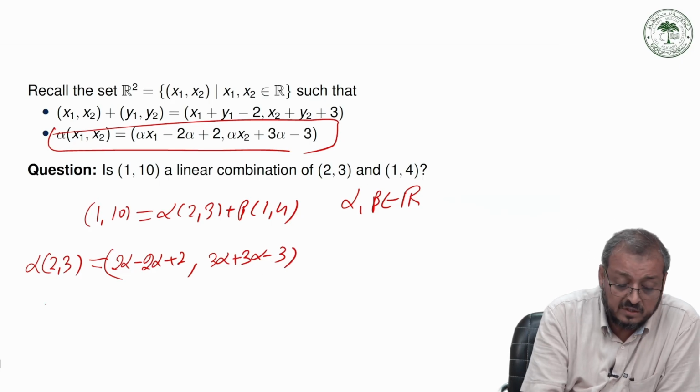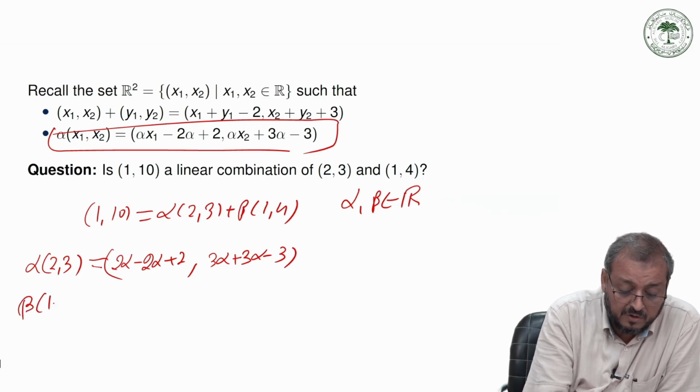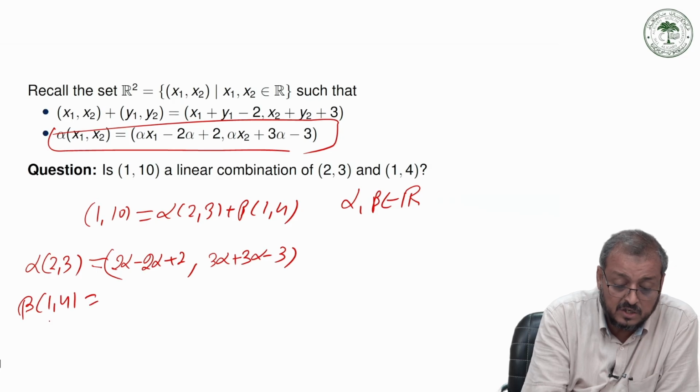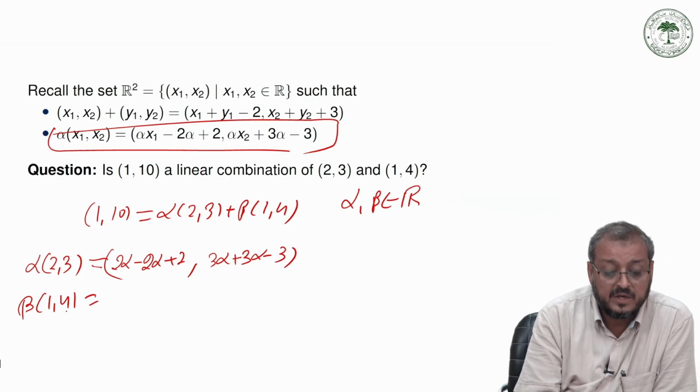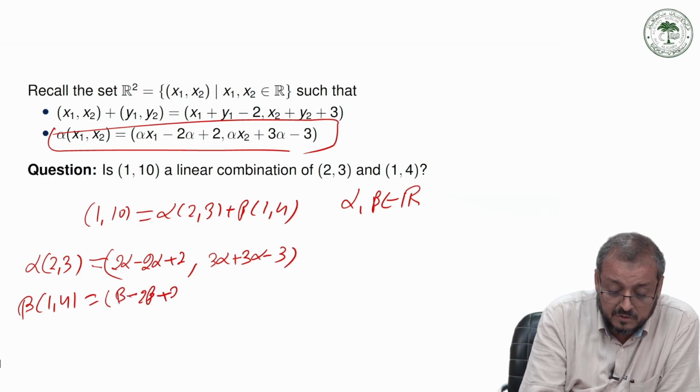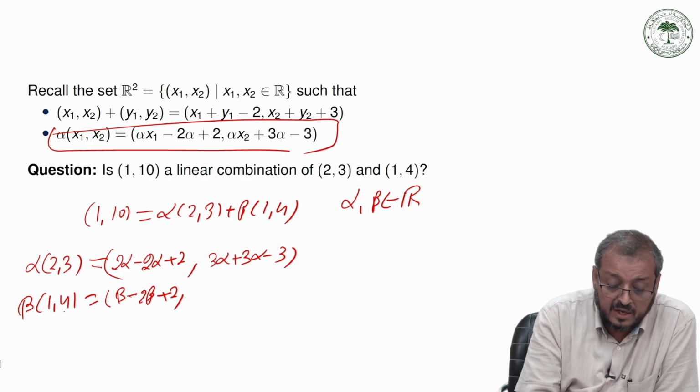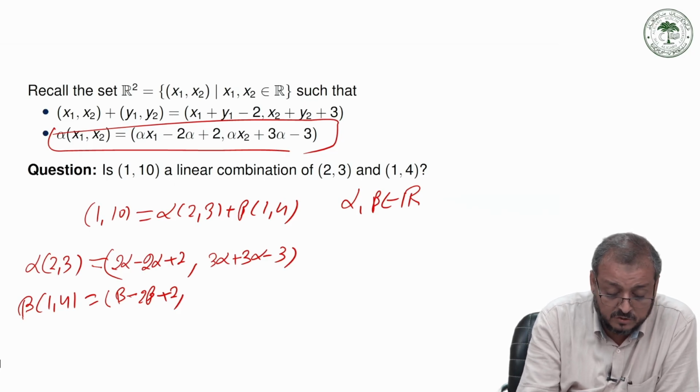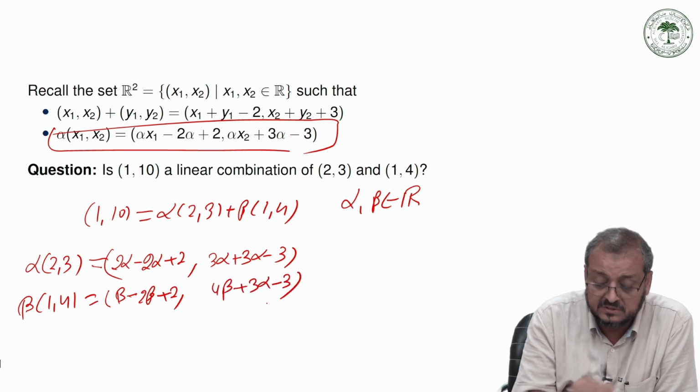In a similar fashion we can calculate beta times (1, 4). So x1 is equal to 1 and x2 is equal to 4. So we can write beta minus 2 beta plus 2, and then 4 beta plus 3 beta minus 3.